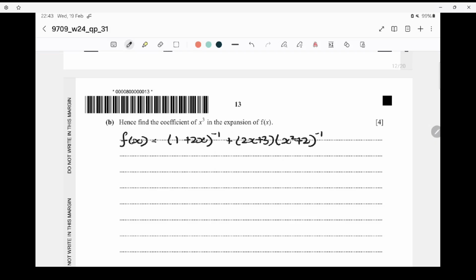I suppose for demonstration purposes, I will expand everything. So you will see.